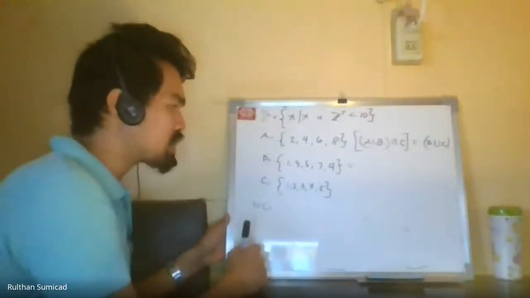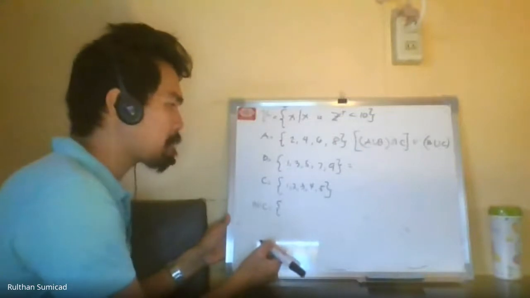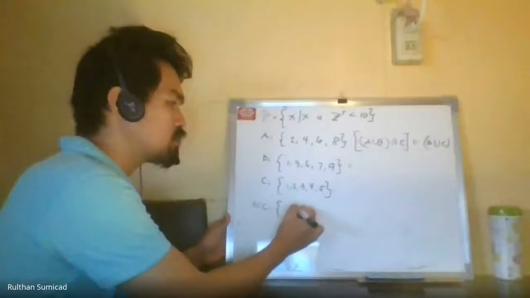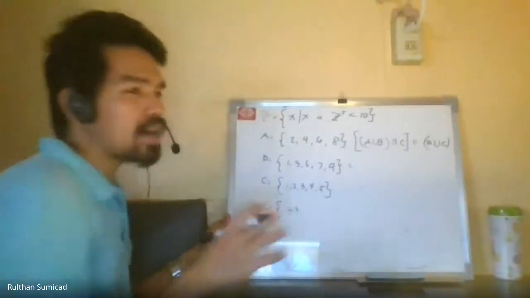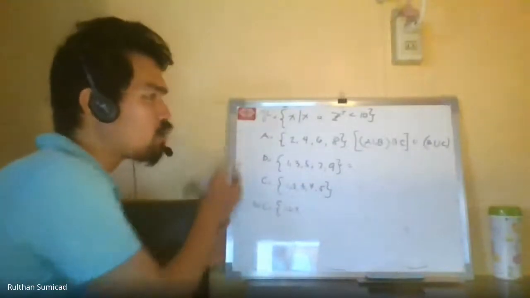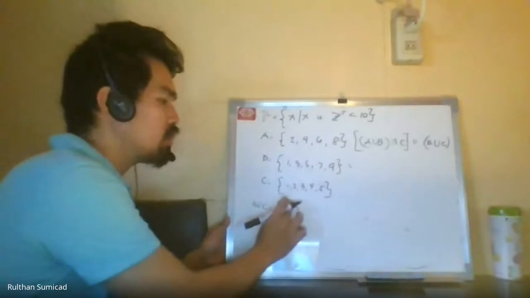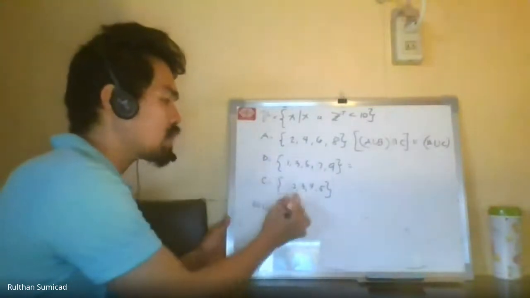B union C, our answer is, what's the union of B and C? 1, 2, 3, 4, 5, 7, 9. The easiest way to do union is that you select one set, you list it down, and for example, I'm going to list down B first.